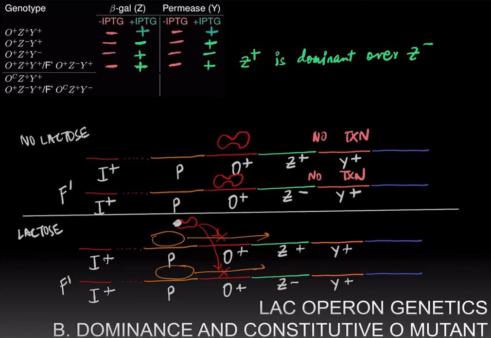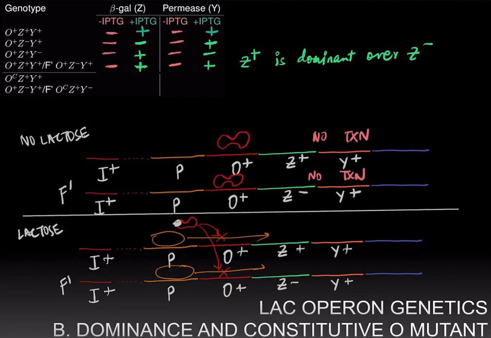Nevertheless, the result of this experiment, which is the winning out of the Z plus phenotype over the Z minus phenotype in the partial diploid, led to the conclusion that Z plus is dominant over Z minus.